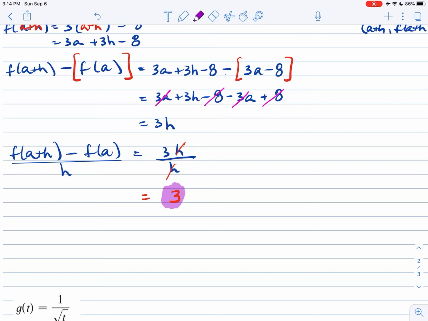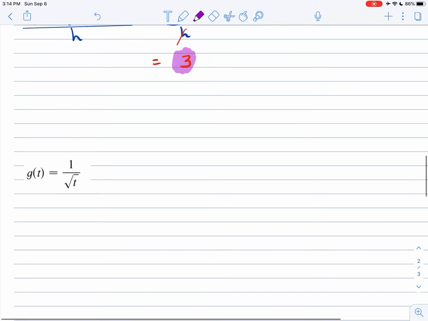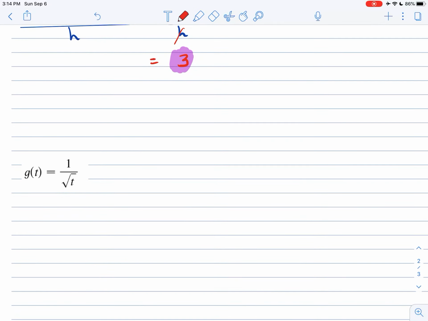As we get more complicated, we're going to end up with a's and h's, potentially. Good. So here, instead of using a, now I'm going to actually just use t. So I'm going to calculate g of t plus h minus g of t over h.